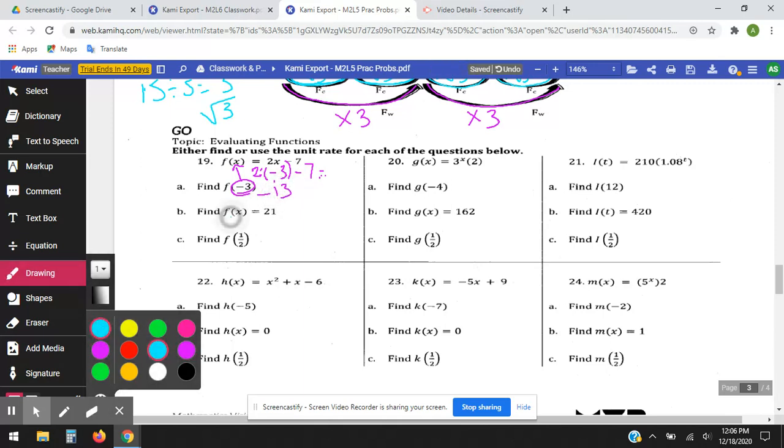Anytime we have this setup, I'm substituting the 21 for the f of x. So how this one looks is 21 equals 2x minus 7. So then I have to use my algebra, add 7 to both sides.